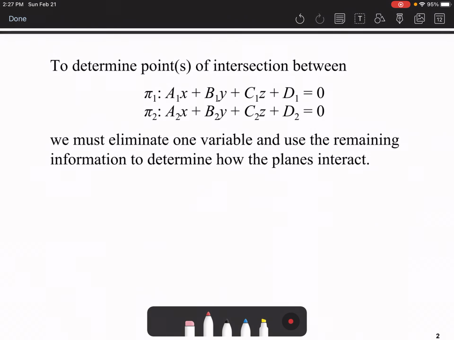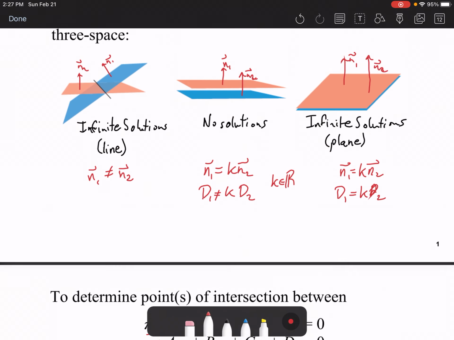So, what I suggest is we take the two planes, call it plane 1, pi 1, and plane 2 as pi 2, try to eliminate one variable, and use the remaining information to determine how the planes interact. If you can eliminate most of the variables, then there might be a possibility that you have the normals being exactly the same. If you can only eliminate one of the variables, then most likely the normals are completely different, and you'll be able to find a line of intersection.